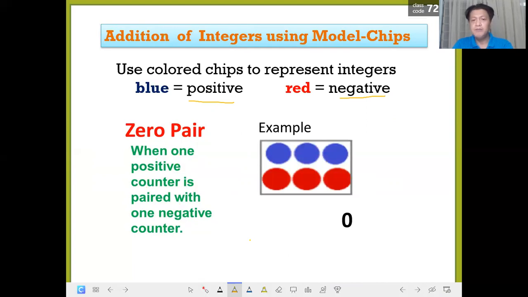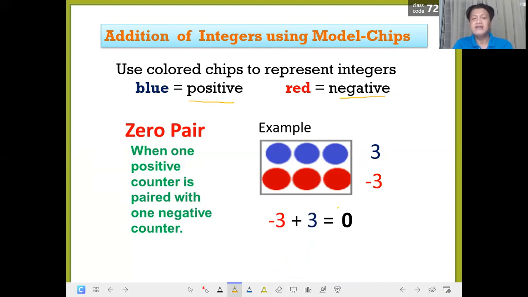Okay, example natin. If I have blue and red chips, meron tayong tatlong blue, okay, that is represented by 3, kasi 3 yung ating positive. Yung red naman, we have 3 kasi negative 3 siya. And therefore, i-represent natin ito sa operation using the addition. We have negative 3 plus 3.